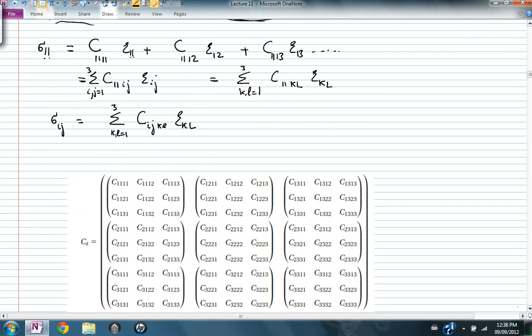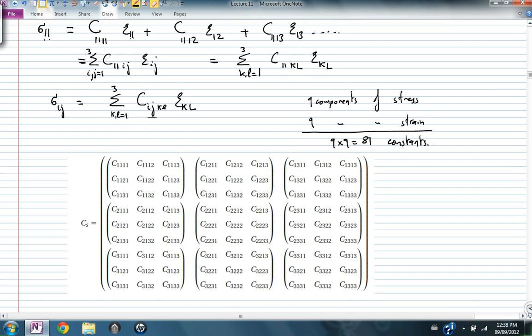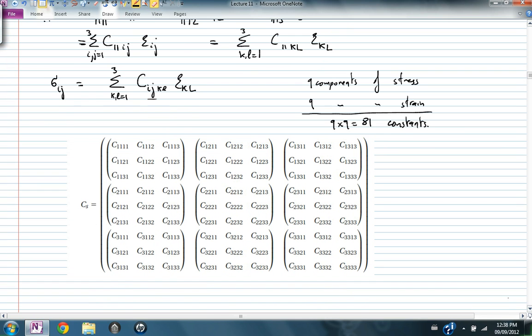And when we calculate how many constants we have, because we have 9 components of stress that have to be related to 9 components of strain, you have 9 by 9, 81 constants. In general, I'm expecting 81 constants. And these constants will look like the following table. Sigma 11 is a function of all the strain components.